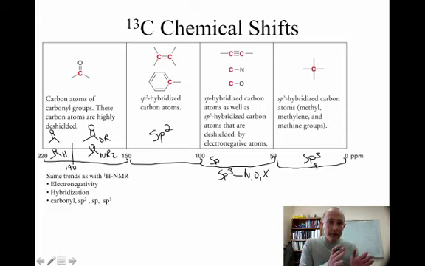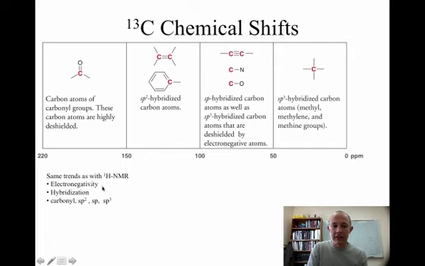So again, the position relative to one another is the same. You see sp3 first, then sp3 bonded to electronegative atoms, then sp hybridized carbons, then sp2, and then in this case furthest to the left is where you see carbonyl carbons. So again, what you want to look at is electronegativity and hybridization to rationalize where you're going to expect to see various chemical shifts.